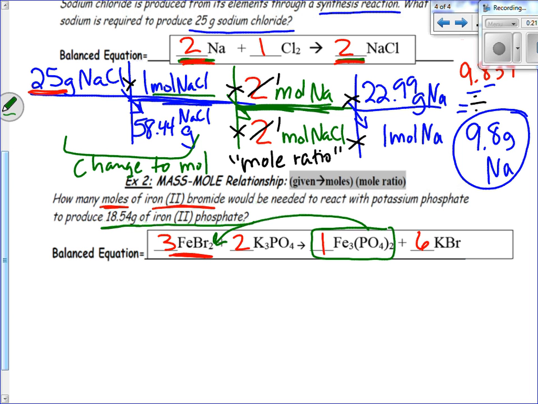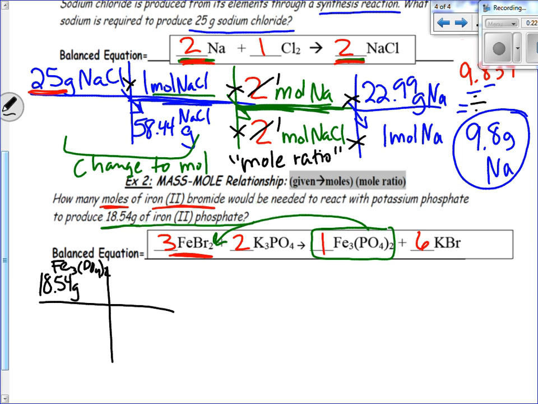But did it give me moles to start with? No, so I have to change those grams to moles first. That's a pain, I know, but that's what we have to do. So let's do that. 18.54 grams, and this is Fe3(PO4)2.